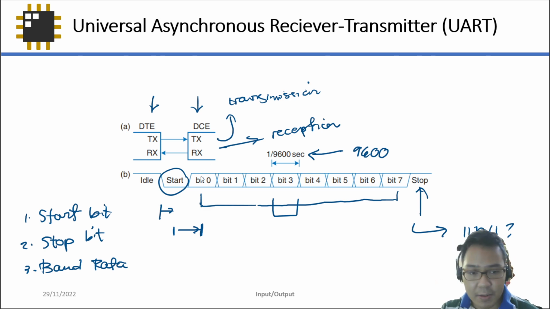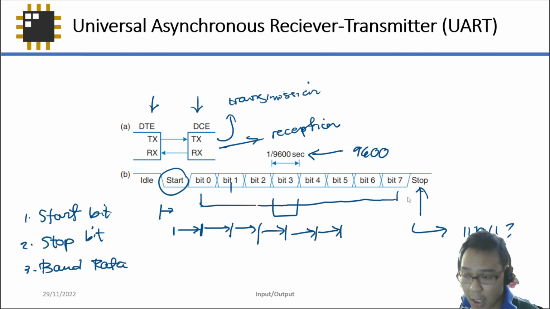Whatever the voltage is on the transmission line at bit 0, it lists down as the value, and then it counts another baud rate time, and then it gets the value in the middle of bit 1, and so on and so forth, until the stop sequence is encountered, or the number of bits that they agreed upon to send has already been sent. So that's basically how the UART functions.